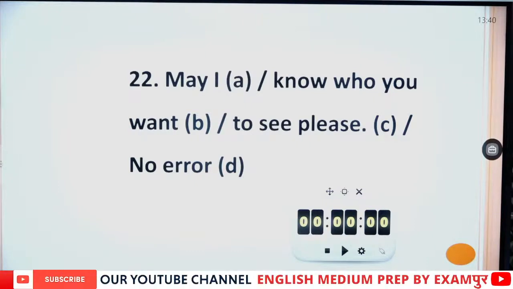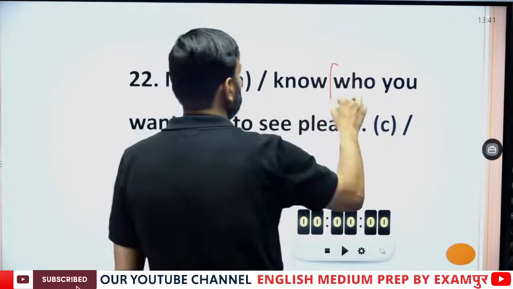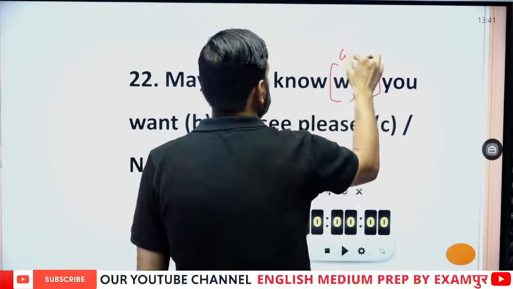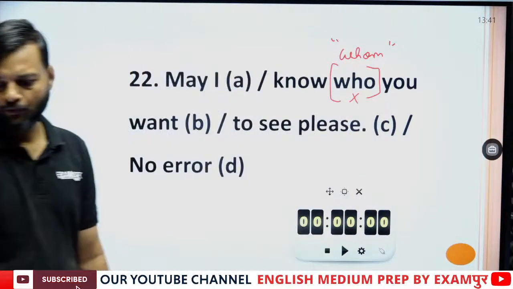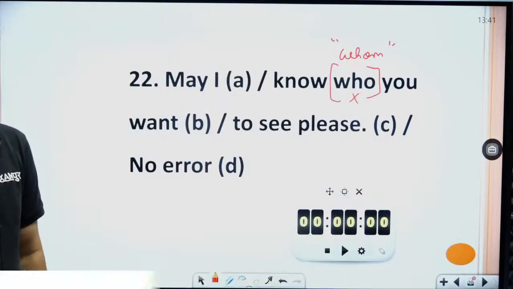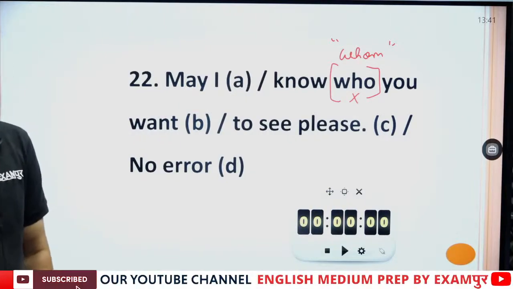In this sentence, in place of who, the relative pronoun whom will be used. In place of who, whom will be used. May I know whom you want to see, please?